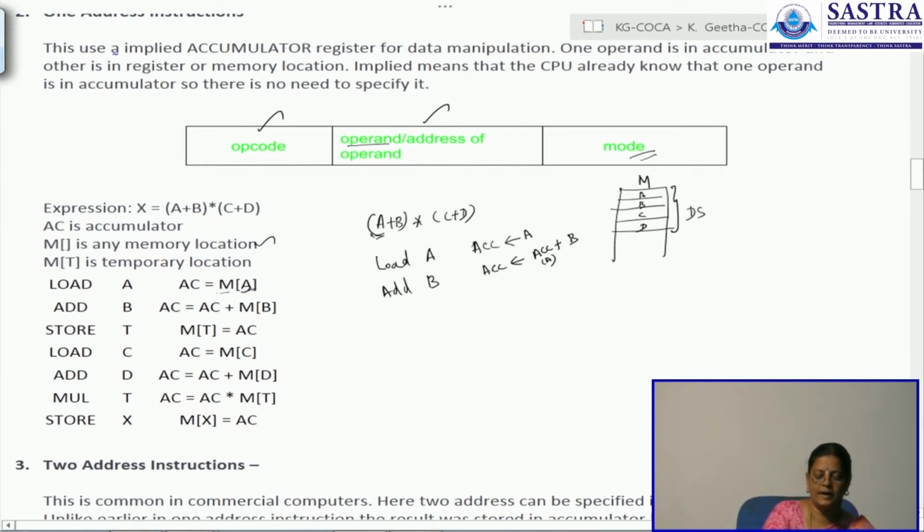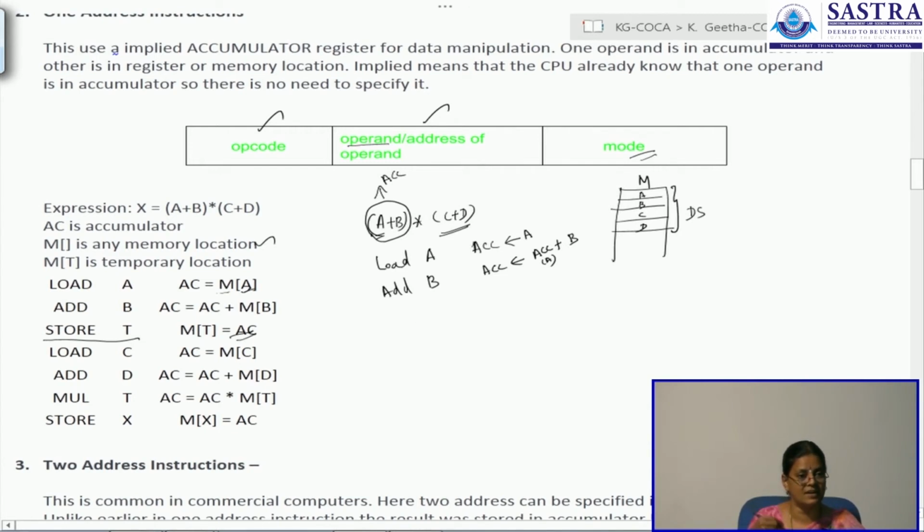Now what happens? I have just done A plus B, and the answer is available in the accumulator. Now I have to perform another operation, and to perform another operation, again I need the accumulator. The accumulator has the result, and I should not disturb it. So what should I do? I should move the result back into a memory location, stored in some temporary location. So I will give store T. When I give store T, the accumulator content will be moved into the memory location.